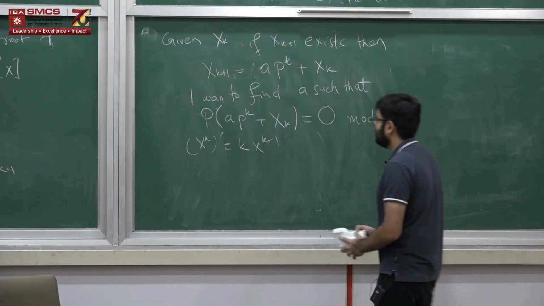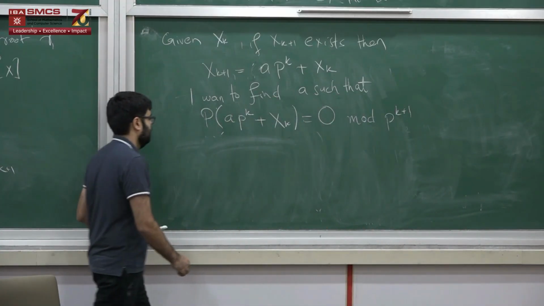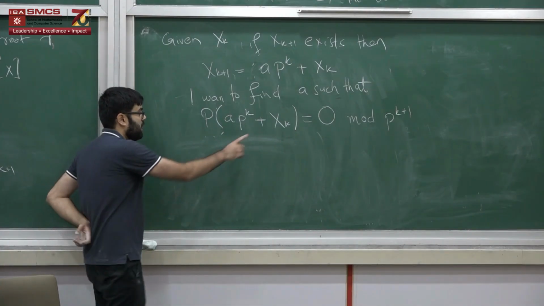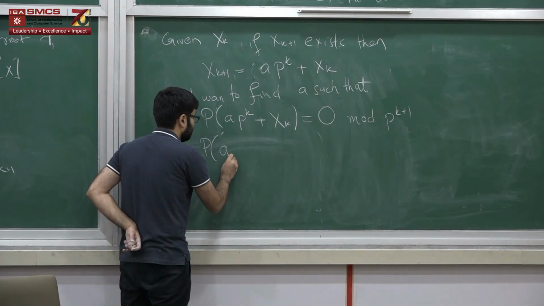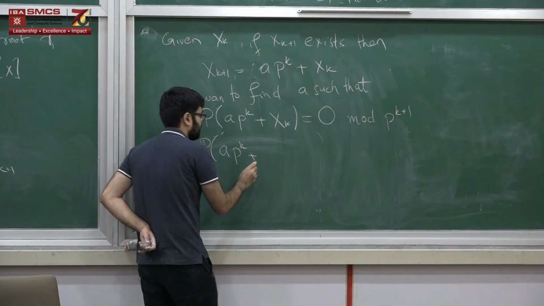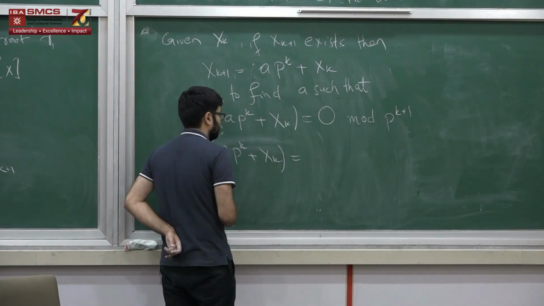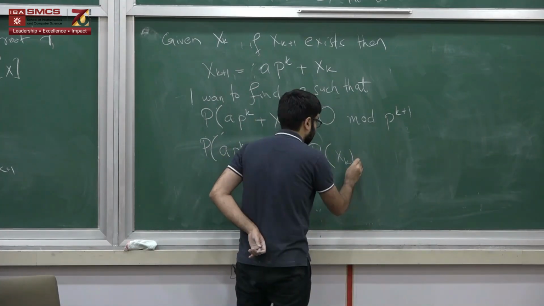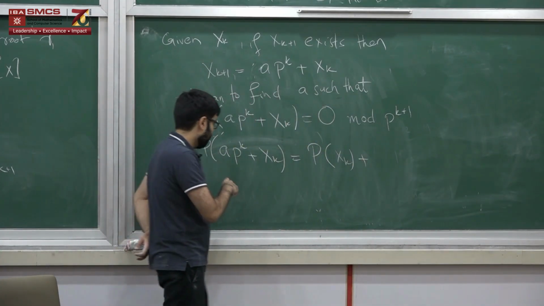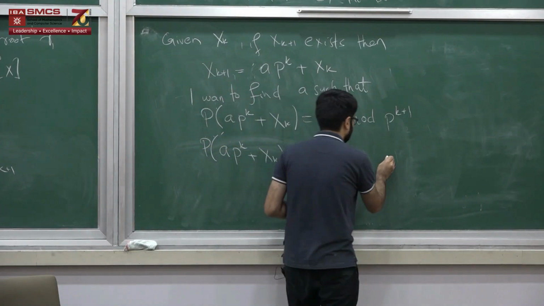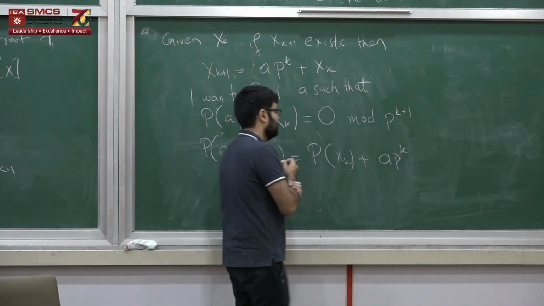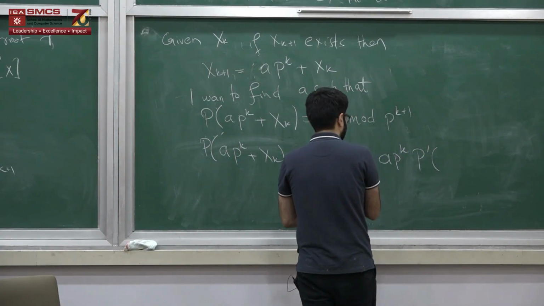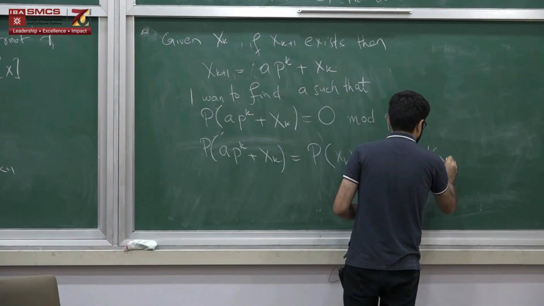And so, what I can do is expand around xk. So P at this point is equal to P at xk plus the difference, this a p to the k, times P prime of xk.